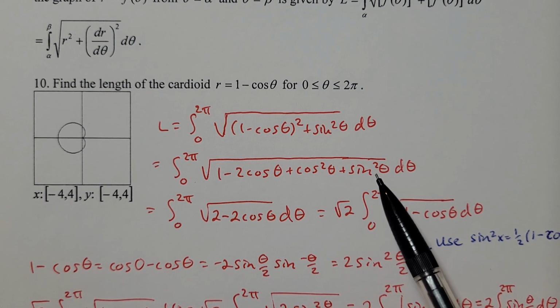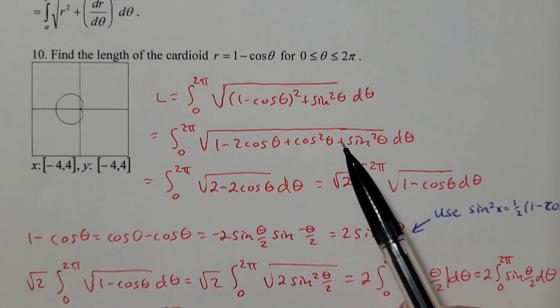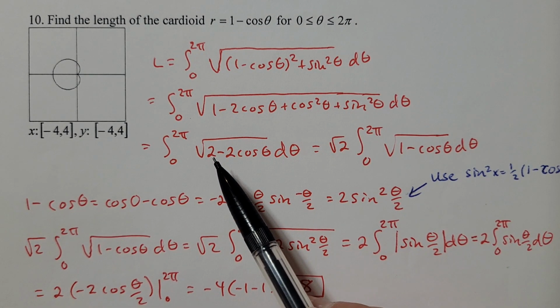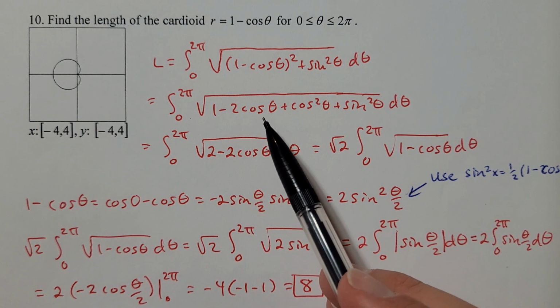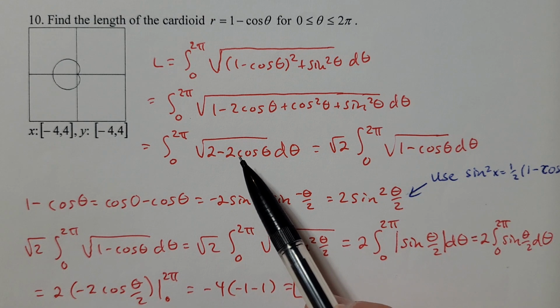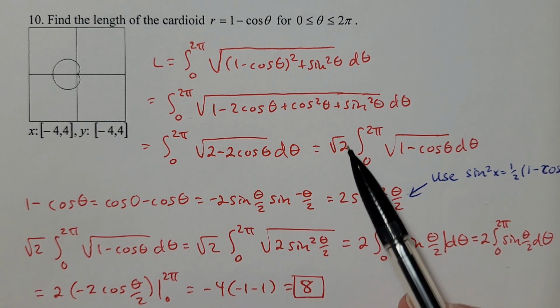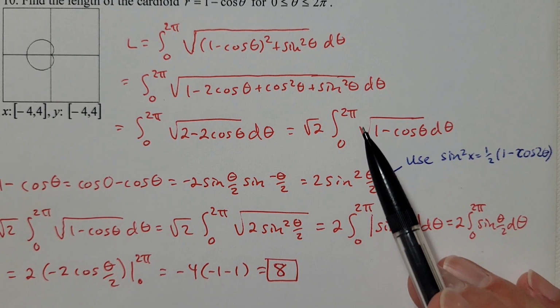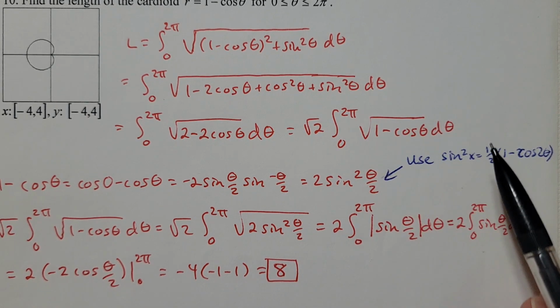Cosine squared theta plus sine squared theta is 1. Plus 1 is 2. So I'm looking at 2 minus 2 cosine theta underneath the radical there. If I factor out a 2, the square root of 2 is brought outside, and left inside the integral I've got the square root of 1 minus cosine theta.